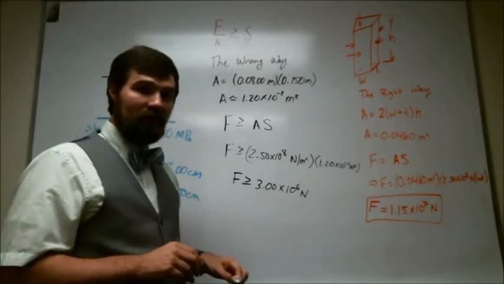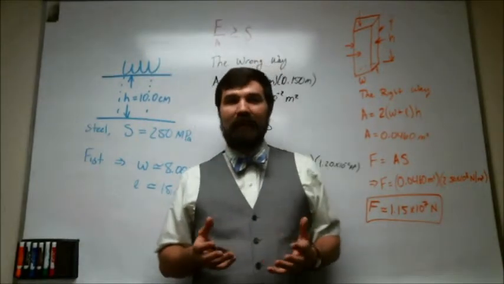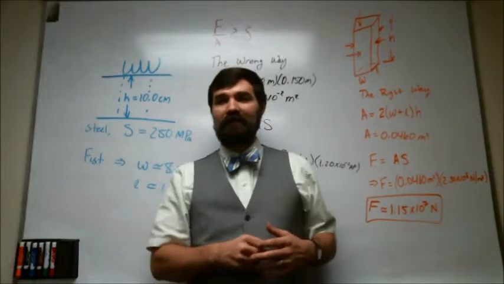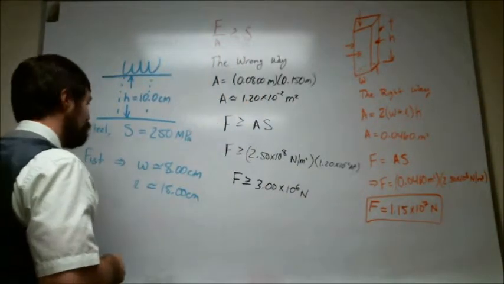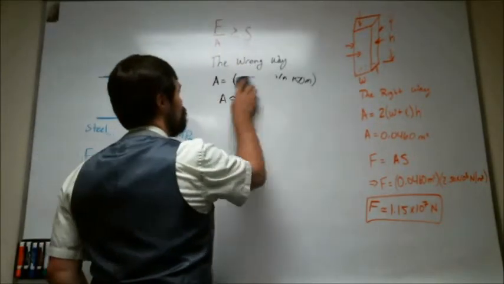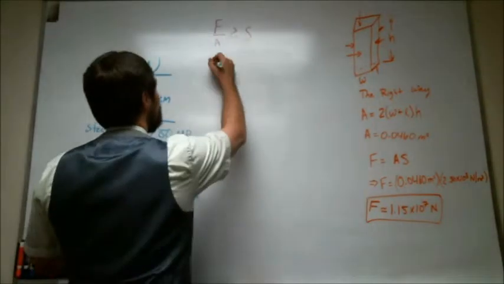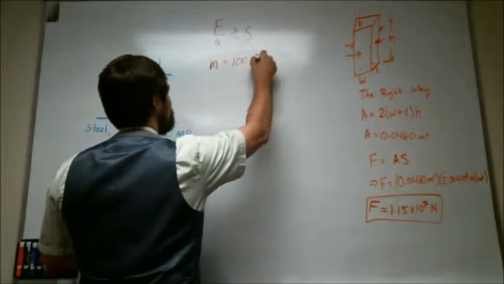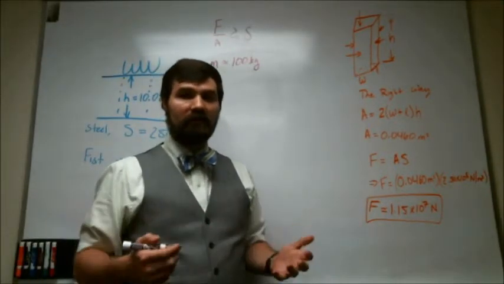So the other part of the example was what happens to the superhero once he punches this hole into this steel. So suppose that your hero has a mass of 100 kilograms. That basically means that he would weigh 220 pounds.